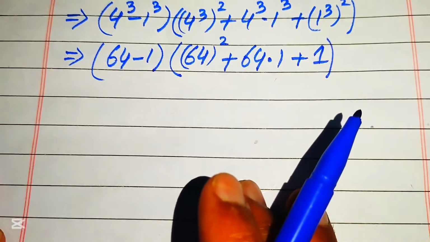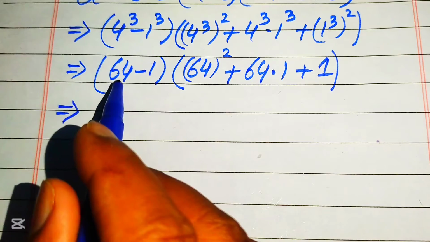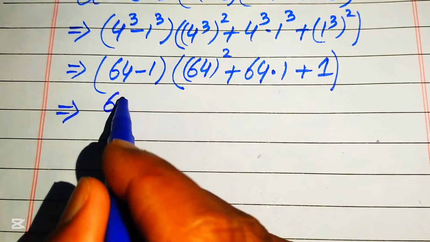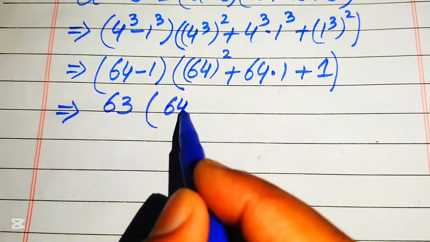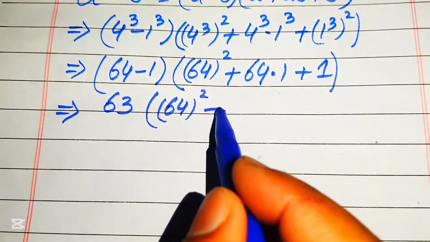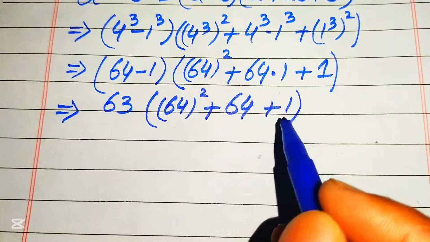In the next step we need more simplifications. 64 minus 1 becomes 63, and it is multiplied by 64 square plus 64 plus 1.